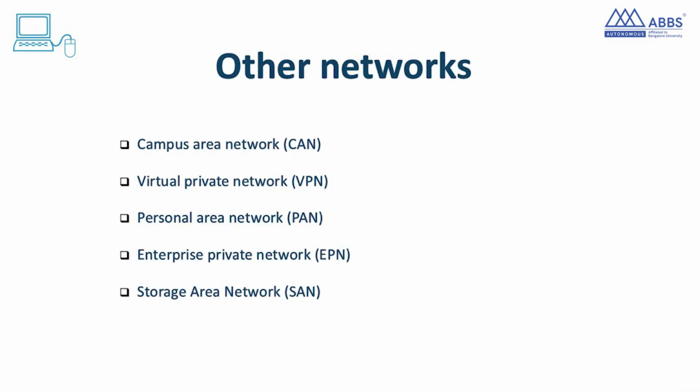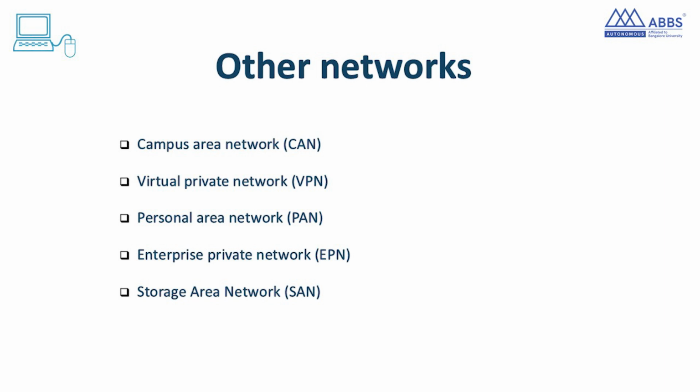Apart from what we discussed now, there could also be a few other types of networks which are mentioned in situations like a campus area network. Now this itself tells very clearly it is a network which is restricted for a particular campus or an area.